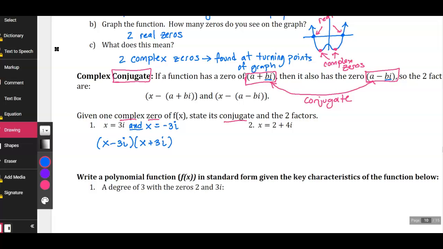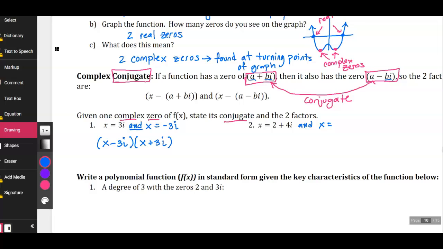Now over here is the trickier one, just because now there is an a, right? So we have an a plus bi, 2 plus 4i. Because this is a complex zero for this problem, what else do we know is a complex zero? Yes, thank you so much. Notice we are not changing the sign of the 2.